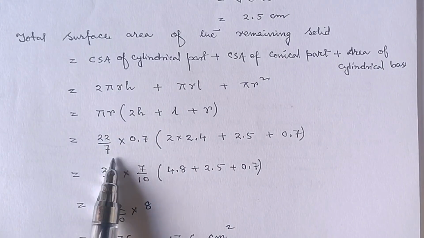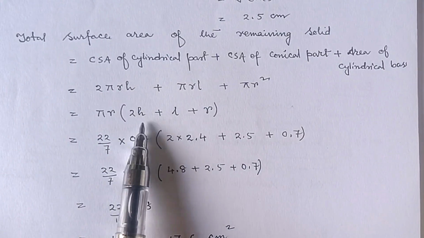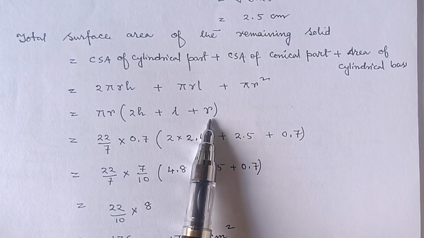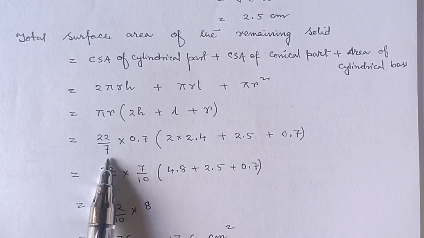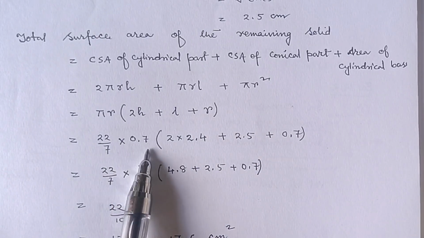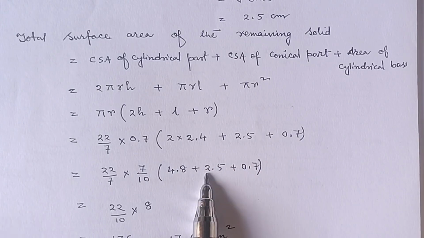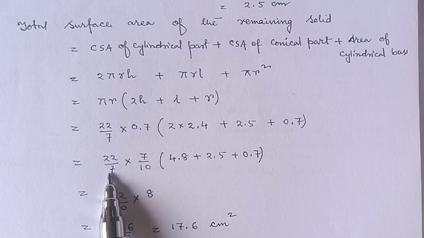Pi is 22 by 7 into radius is 0.7, twice h, 2 into height is 2.4 plus L is 2.5. We already calculated L and radius is 0.7. 22 by 7 into 0.7 means 7 by 10. 2 into 2.4 will give 4.8 plus 2.5 plus 0.7. So this 7 and 7 can be cancelled.